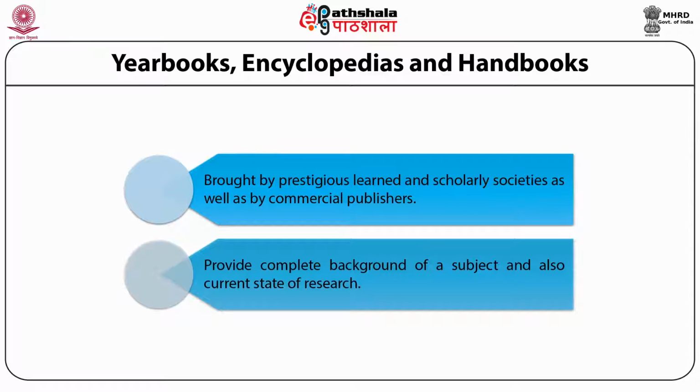This important feature makes them a very ideal source for understanding what developments are taking place in that domain of knowledge. Otherwise, it becomes very difficult to get this kind of understanding from different and diverse sources.